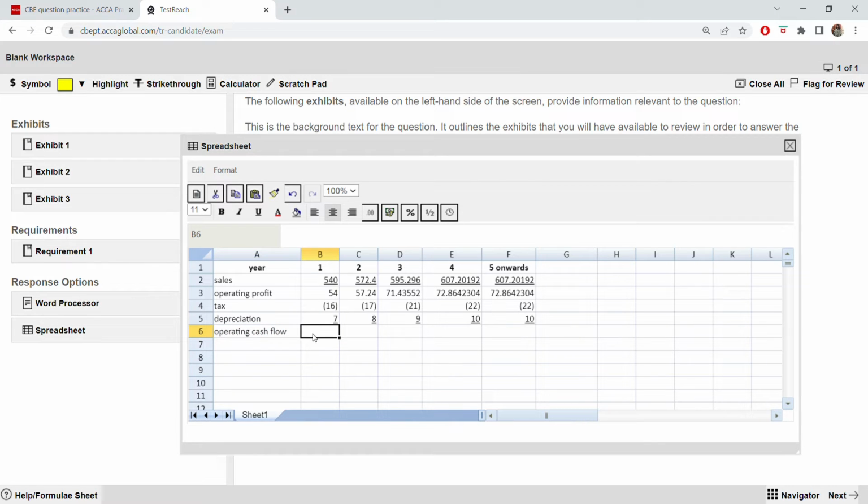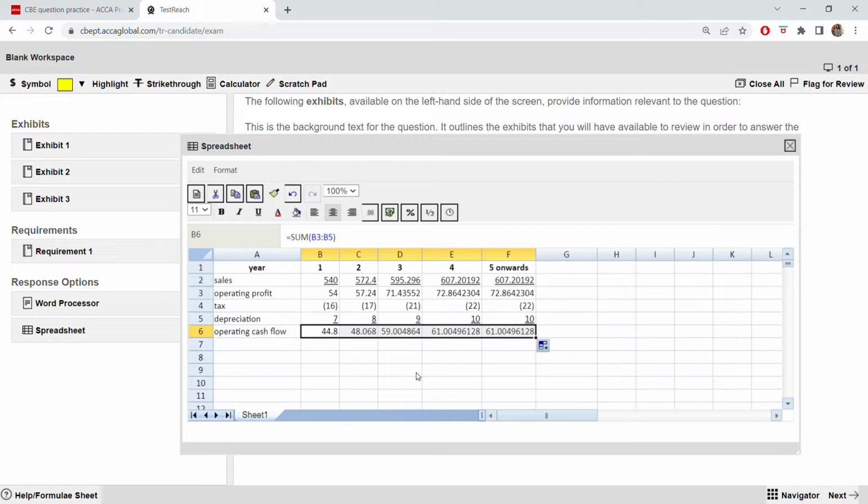So operating cash flow will be how much? Just the sum function. Sum function from where? From operating profit. So it's 44.8. You can drag this to the other cells. You see?